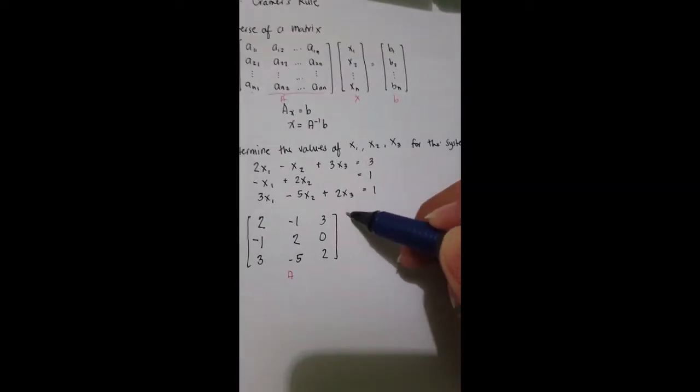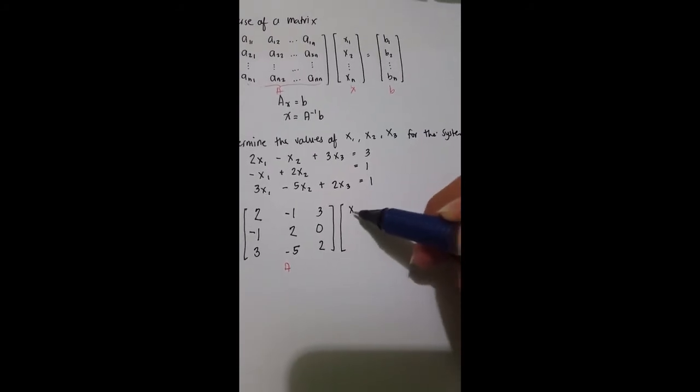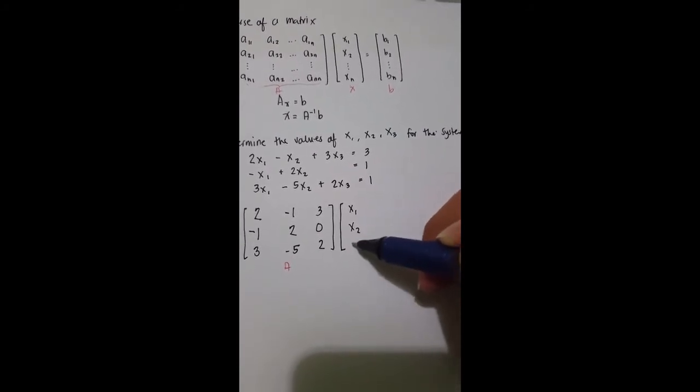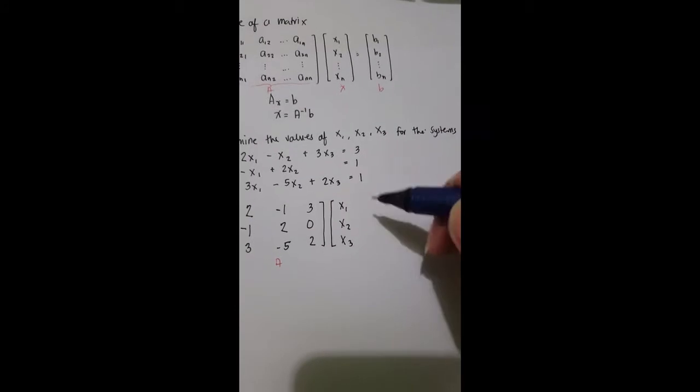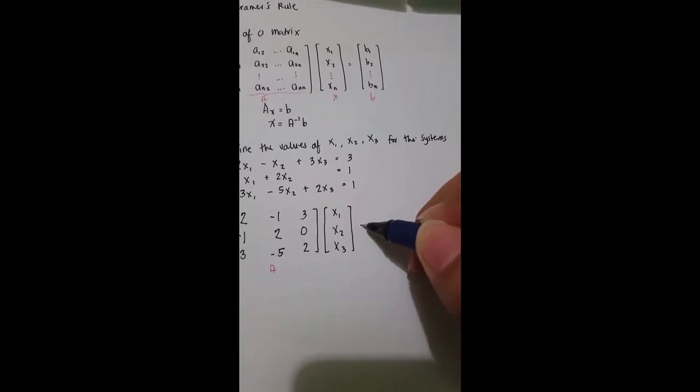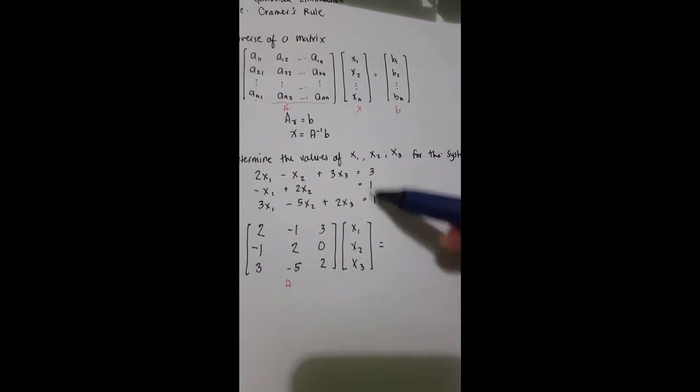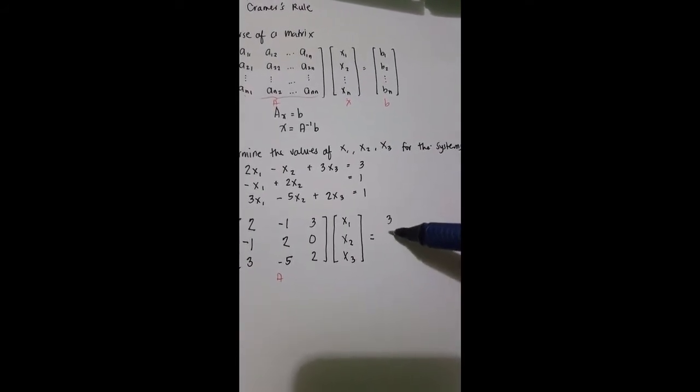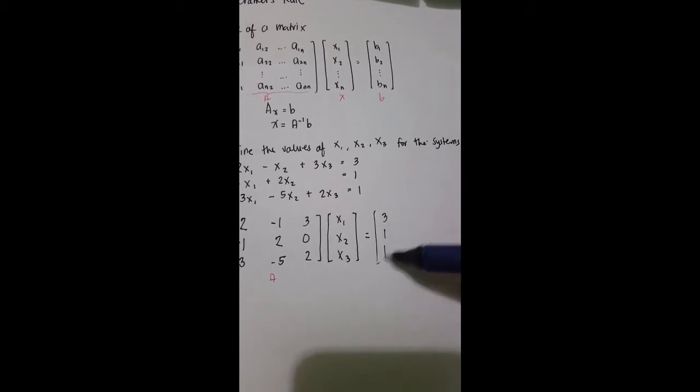Then, our X will be x1, x2, and x3. Those are what we are looking for. And our B should be equal to our matrix B, which is 3, 1, and 1.